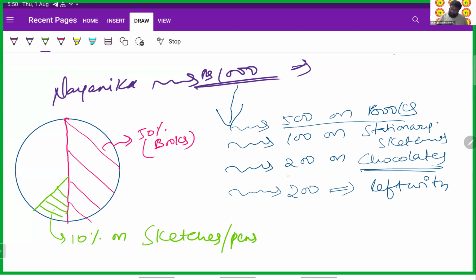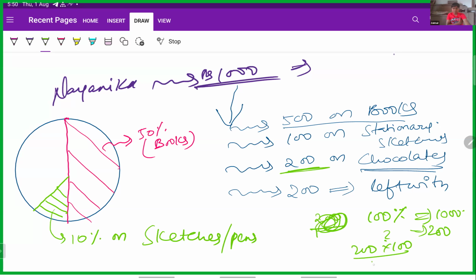And 200 rupees on chocolates: what percentage? 100% is 1,000, so for 200 rupees it is 200 into 100 by 1,000, which is 20%. So 20% should be somewhat bigger than this.